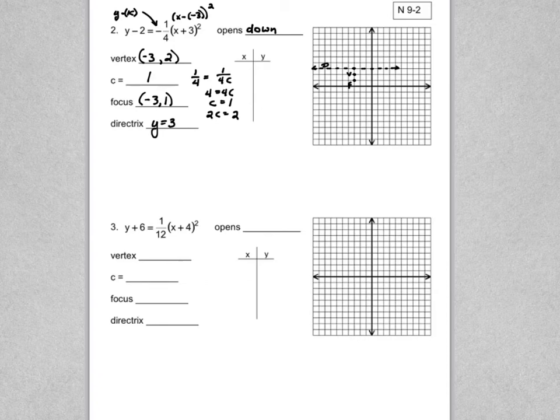So you count two spaces to the left and right of the focus, which would be here and here. And draw in your parabola. This one's narrower than the one we drew before. So it's going to go this way and down, and this way and down. And we know it opens down because of the negative in front of the 1/4.